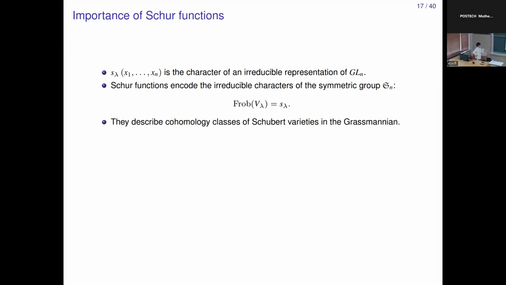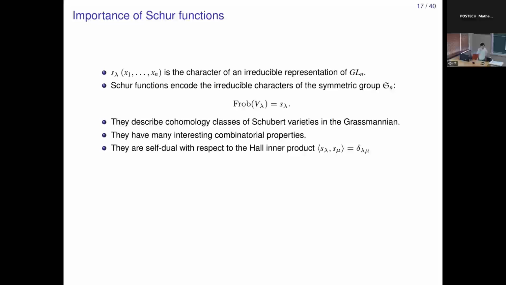They also have some geometric meaning, as cohomology classes of Schubert varieties in the Grassmannian, and there are many interesting combinatorial properties. Like there is an important inner product on the space of symmetric functions called the Hall inner product, and the Schur functions form a self-dual basis with respect to it.